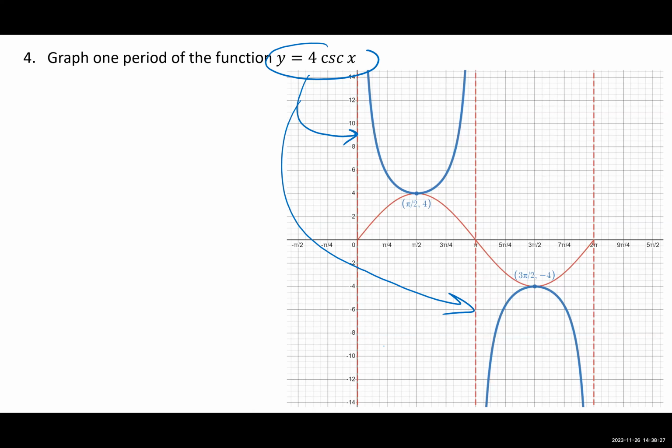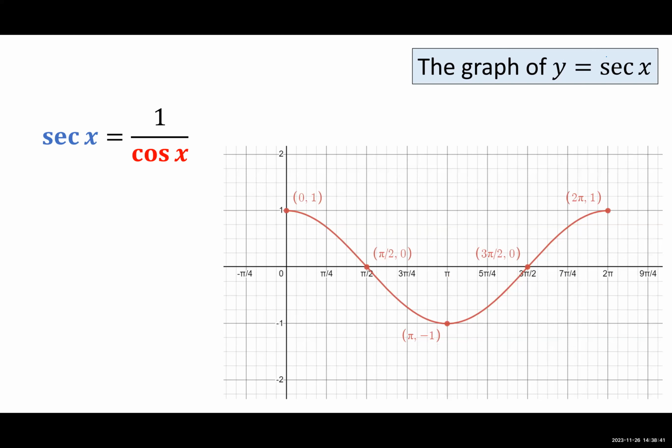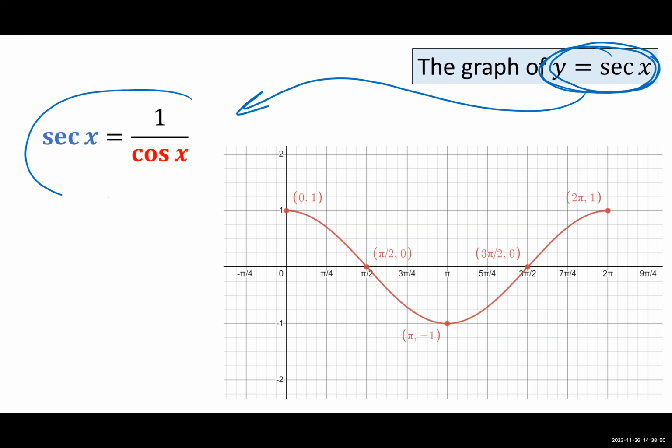And in exactly the same way that the sine and the cosecant functions are related, the cosine and the secant functions are related. So when we want to graph y equals the secant of x, well, the definition of the secant function is the reciprocal of the cosine function.